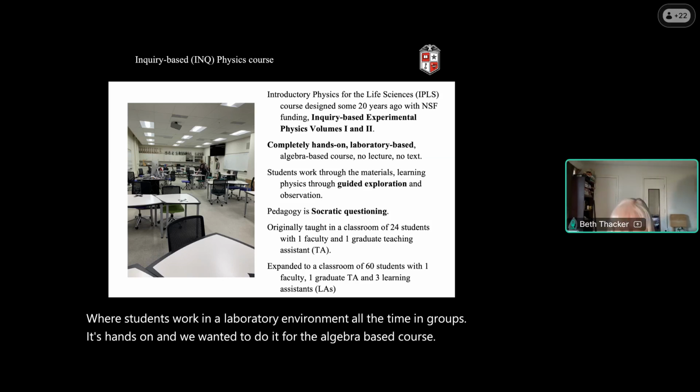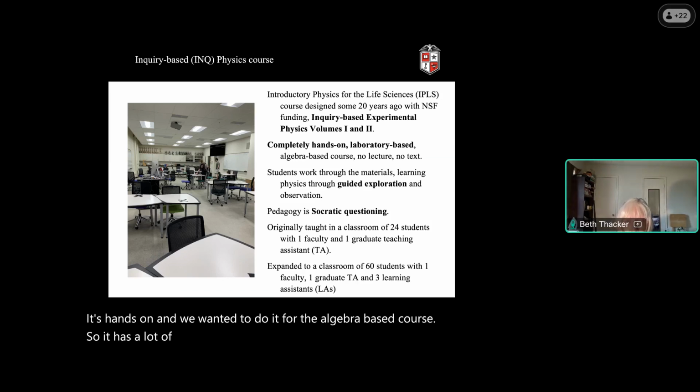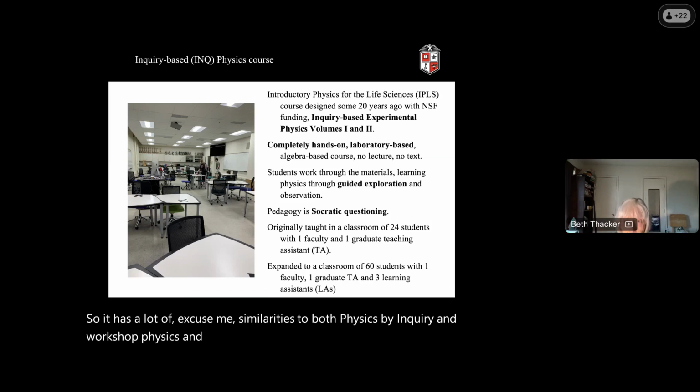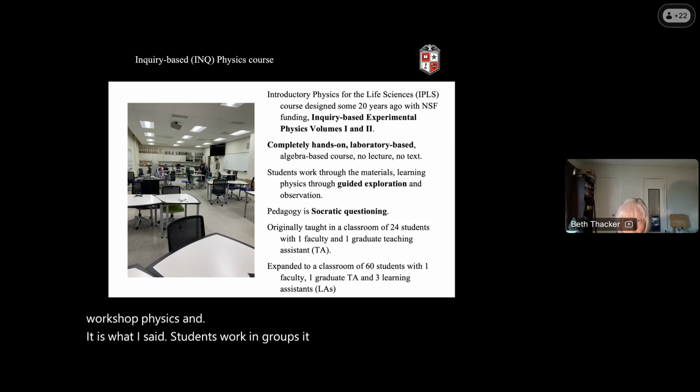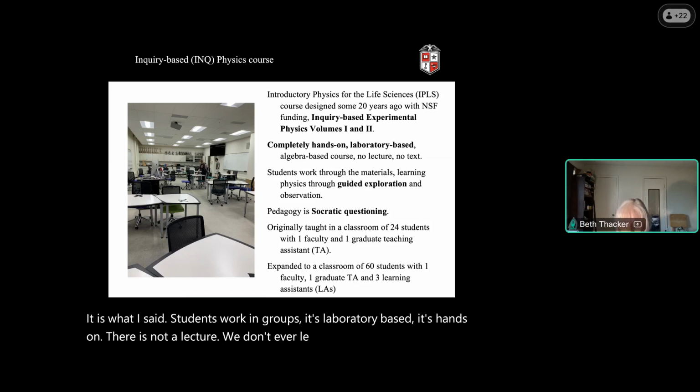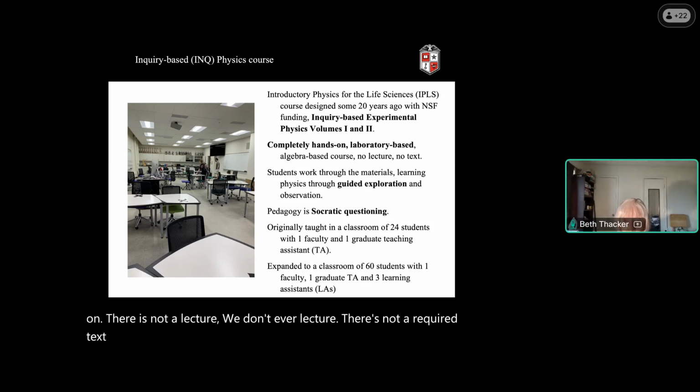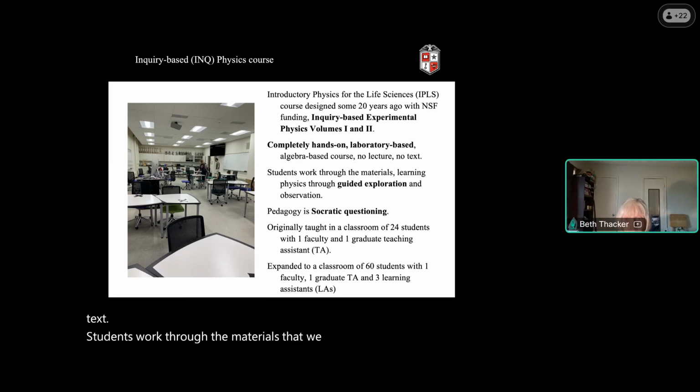So it has a lot of similarities to both Physics by Inquiry and Workshop Physics. Students work in groups, it's laboratory based, it's hands-on, there is not a lecture, we don't ever lecture, there's not a required text. Students work through the materials that we've developed, and then we use Socratic questioning as the pedagogy.